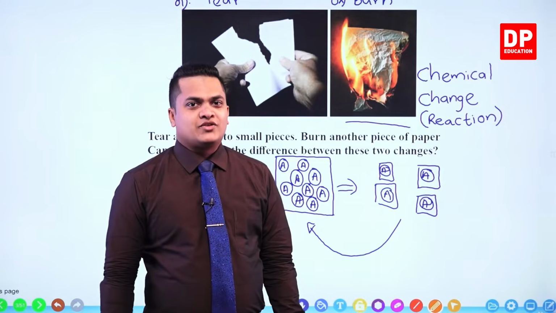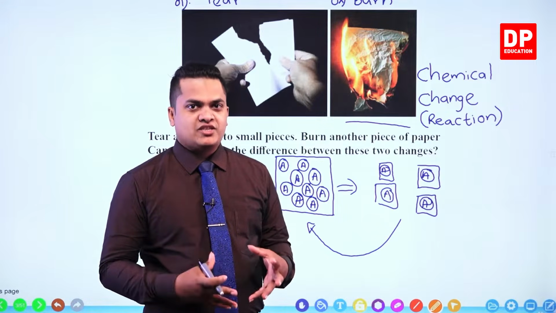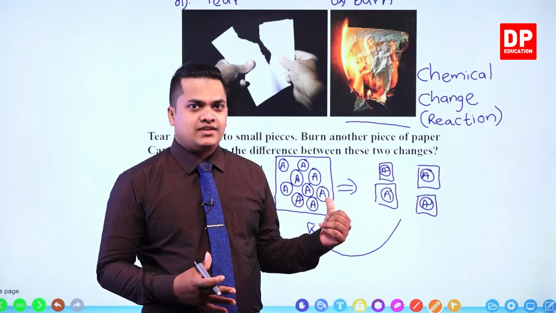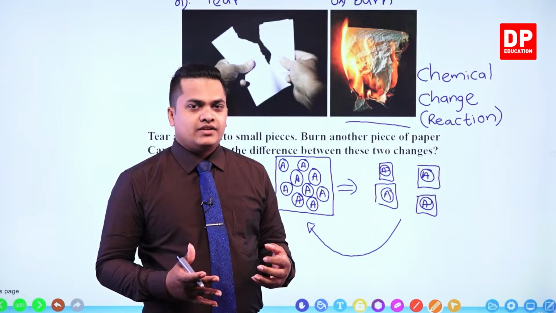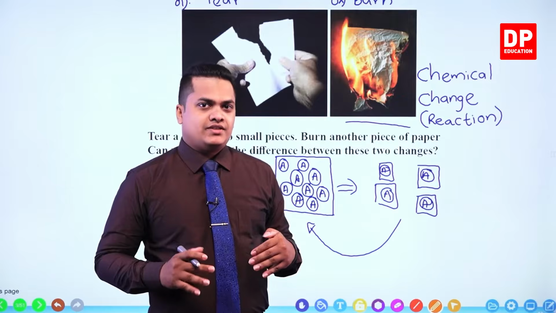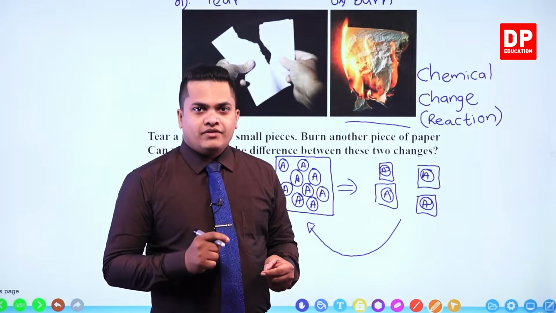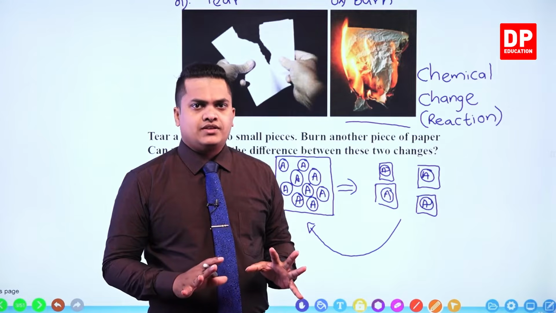Right, my dear children. So as I explained, you could observe when I'm doing the experiment, when I'm burning this thing down, when I'm tearing it down. Right? During the burning process, new substances are created, and when I tear it down, there is no change in the composition.